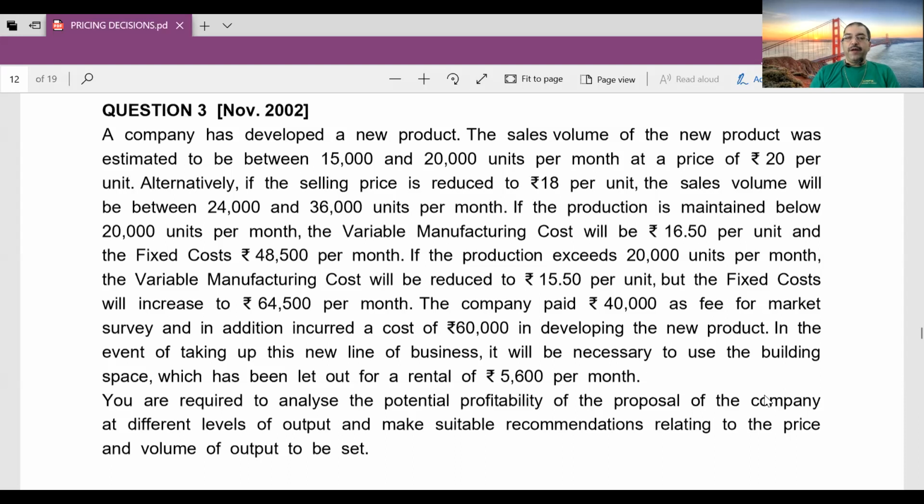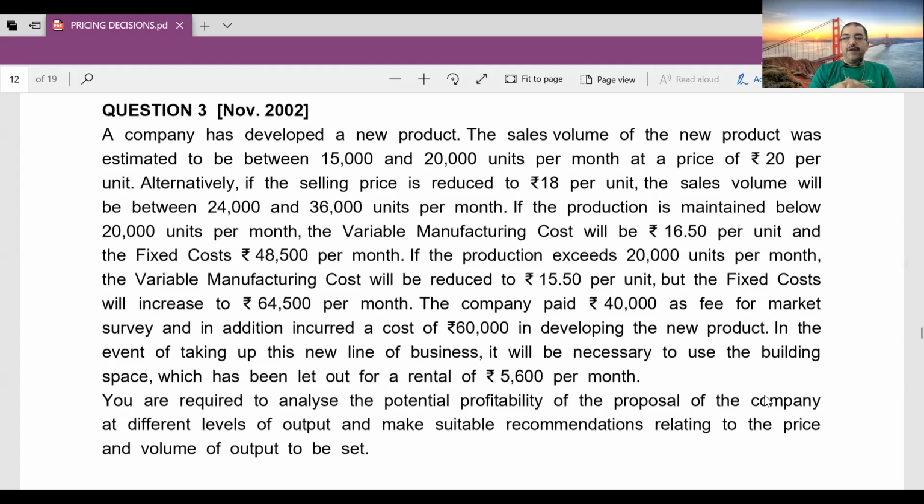If the production is maintained below 20,000 units, the variable manufacturing cost is 16.50 per unit and fixed cost is 48,500 per month. If the production exceeds 20,000 units per month, the variable manufacturing cost will be 15.5, but the fixed cost will increase to 64,500 per month.